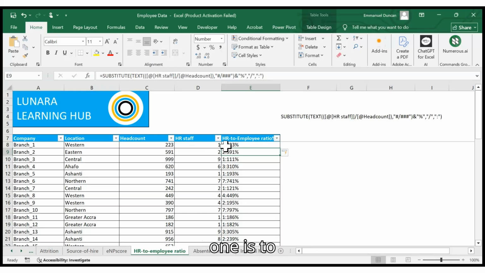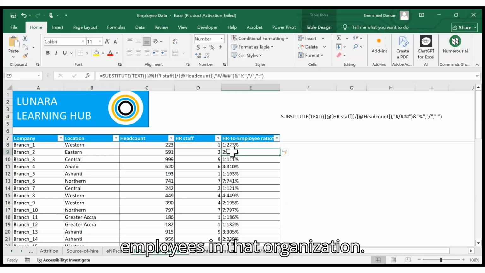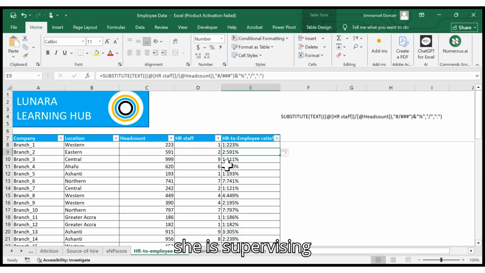So we have 1 is to 223, meaning to each HR employee we have 223 employees in that organization. The HR department has only 1 employee and he or she is supervising 223 employees in that organization.